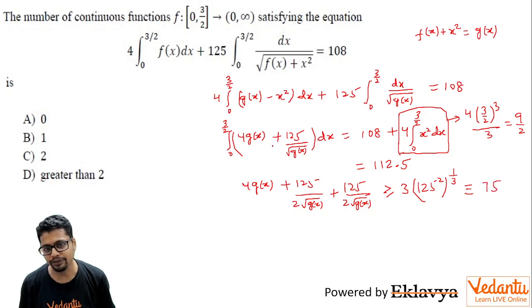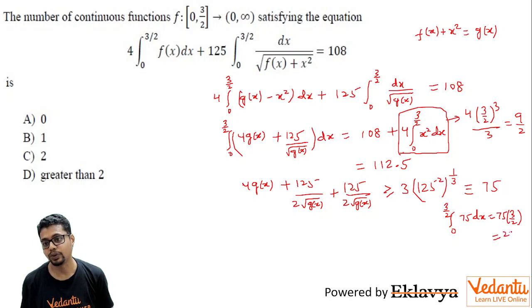Now even if you take the minimum possible value of this expression, which is 75, the integral from 0 to 3/2 of 75 dx is 75 times 3/2, which is 225 by 2, which is 112.5, which is what the right-hand side is.